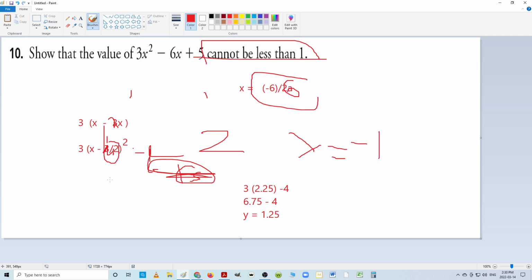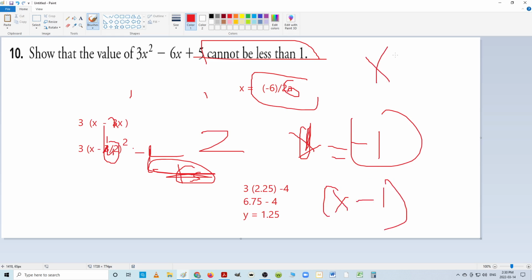I get an x is equal to minus 1. Now, that is not the x value, that's going to be the y-intercept. And sorry, that's going to be the x factor. So x minus 1 would be the factor, which means x is equal to 1 at the vertex.